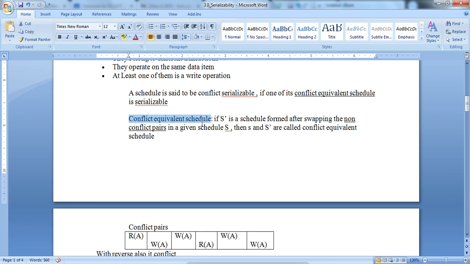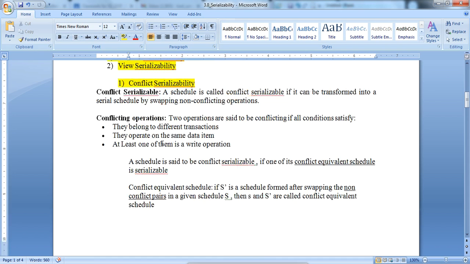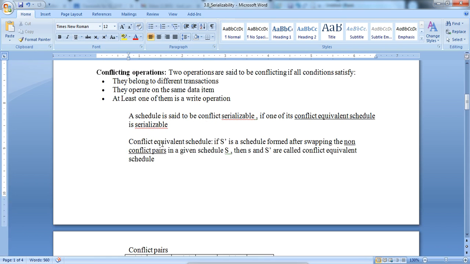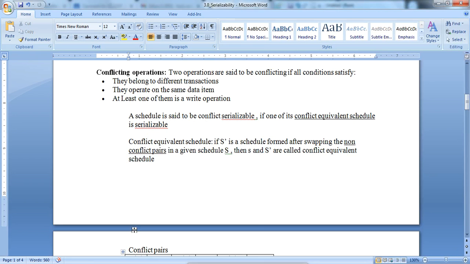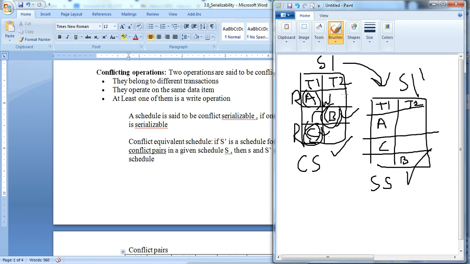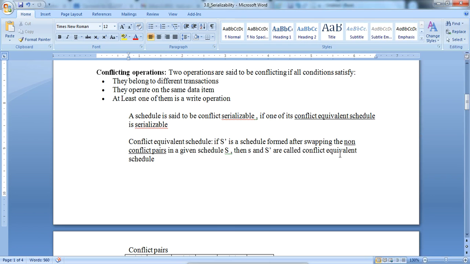Now, conflict equivalent schedule: if S dash is a schedule formed after swapping the non-conflict pair, then S and S dash are called conflict equivalent schedules. If we swap this and this, they are conflict equivalent, meaning it is okay with both.